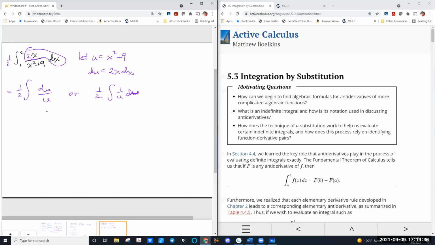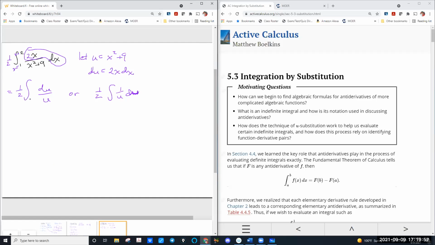Now, here's where I would like to recommend something, but you do not have to do it. Now, 1 and 2, those are x values. That's x equals 1 and x equals 2. My integral is in terms of u now.